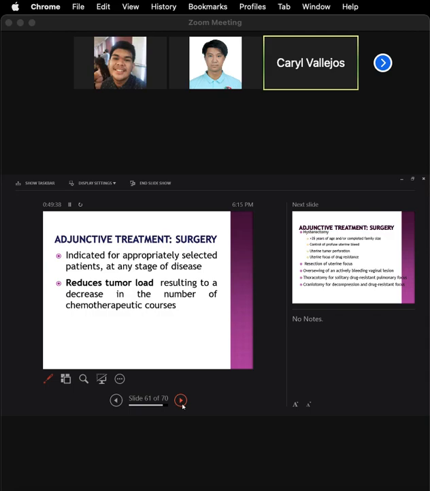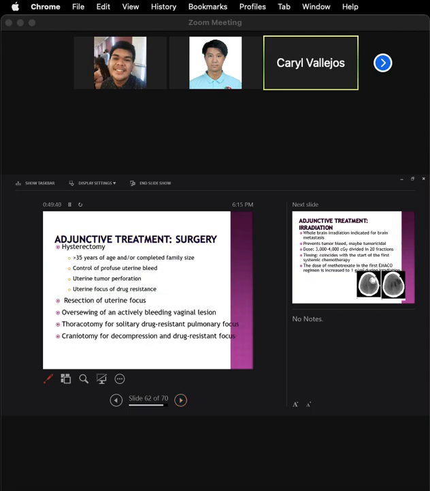It could be hysterectomy, resection of the uterine fundus, oversewing of the actively bleeding vaginal lesions, thoracotomy, or craniotomy. And radiation therapy, we make use of 3,000 to 4,000 centigray divided in 20 fractions for patients with brain metastasis.